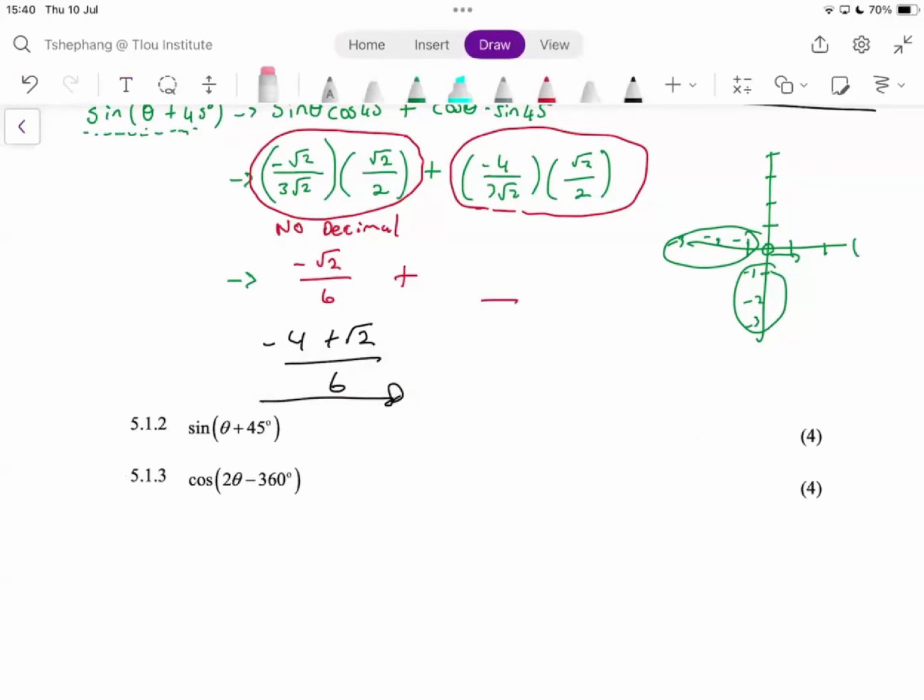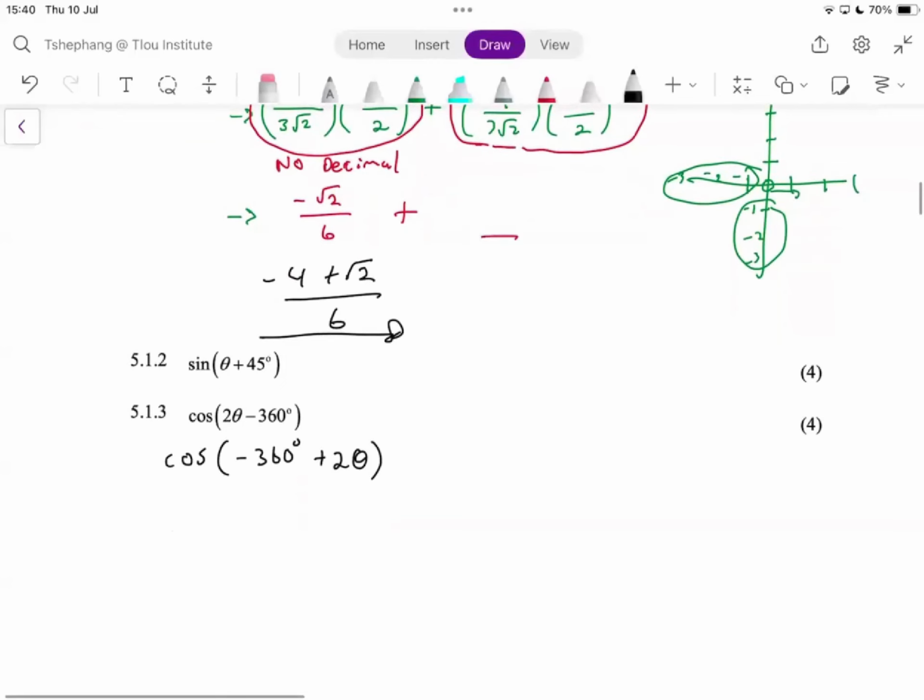So this is the same as cos of, check something. The 360 is negative. The 2 theta, is it positive or is it negative? It's positive. Right, I'm going to do it step by step so that you guys can clearly see where I'm coming from with this. Then, whenever we are dealing with negative angles, what do we do? We add 360.